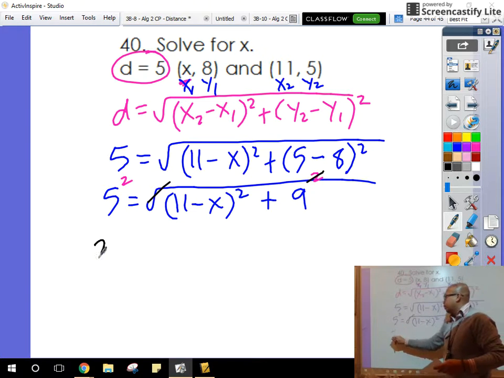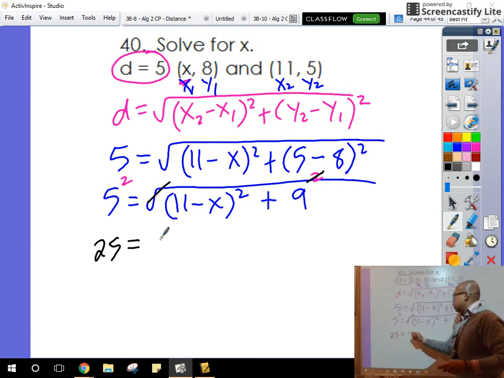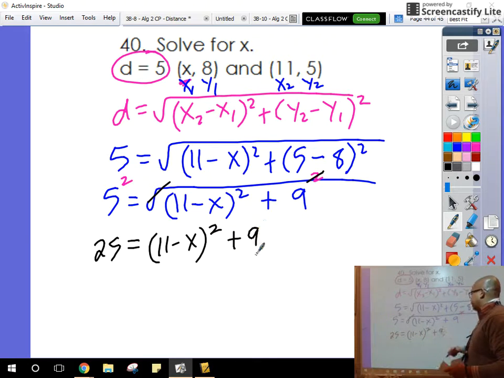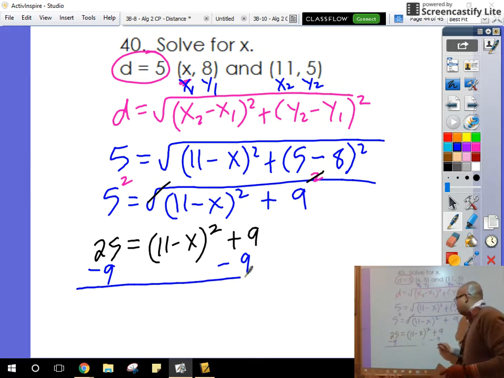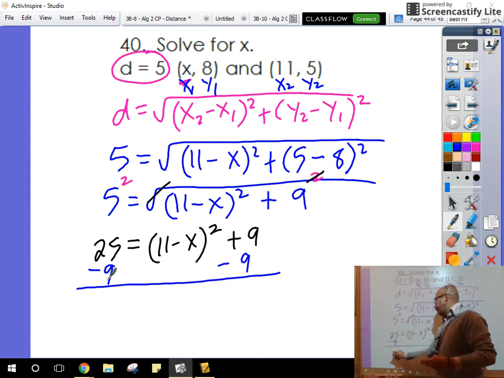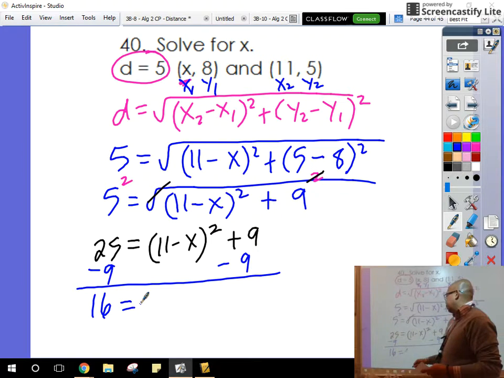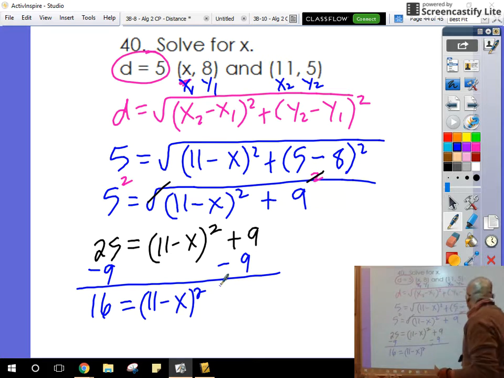And what's 5 squared? It's 25. And this will be 11 minus x squared plus 9. What do we do next? We subtract 9 here. What's 25 minus 9? That's 16, right? Yep. 11 minus x squared.